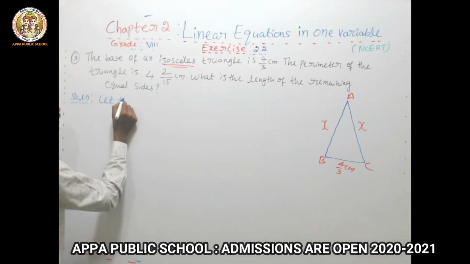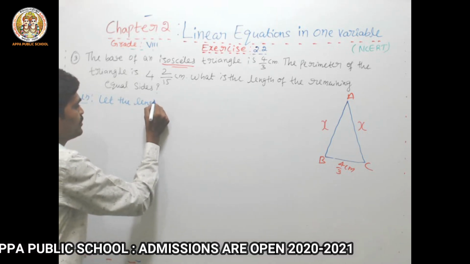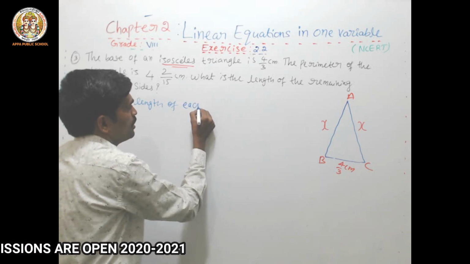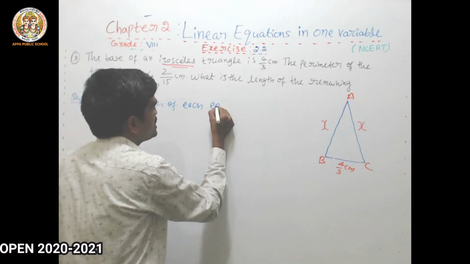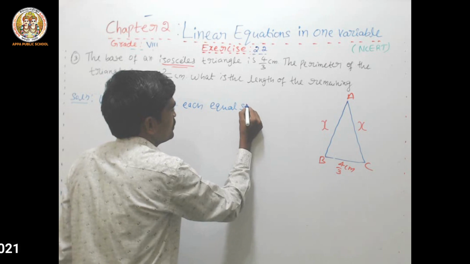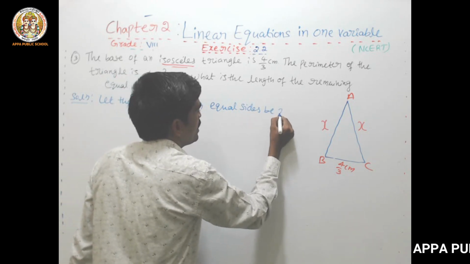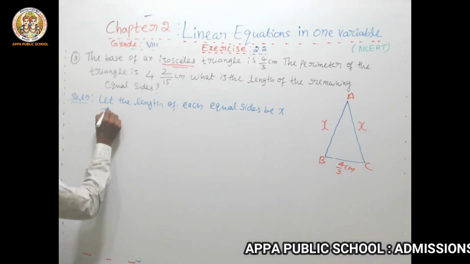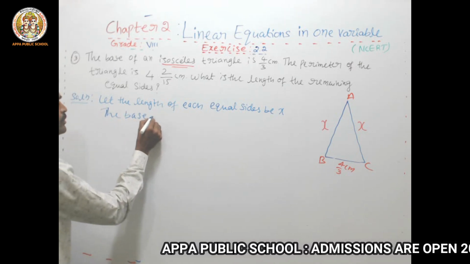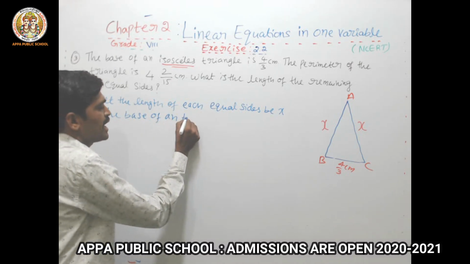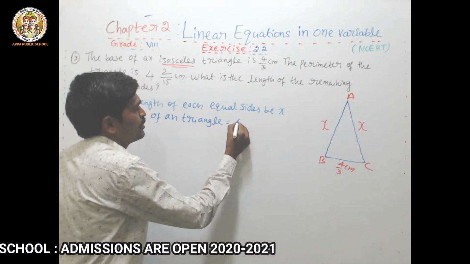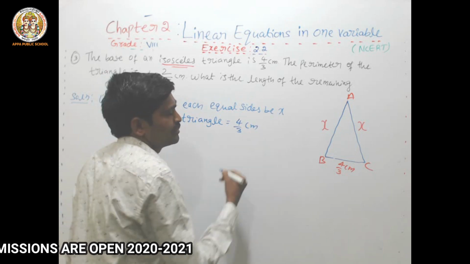Solution. Let the length of each equal side be x centimeter. Next, the base of the triangle. The base of the triangle should be how much? 4 by 3 centimeter is given.